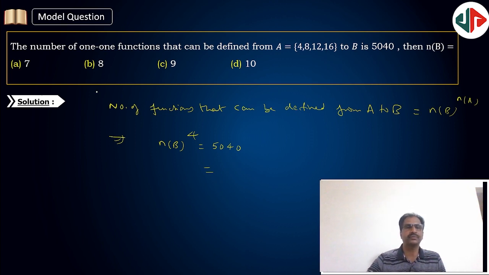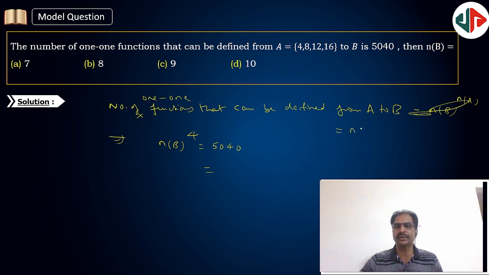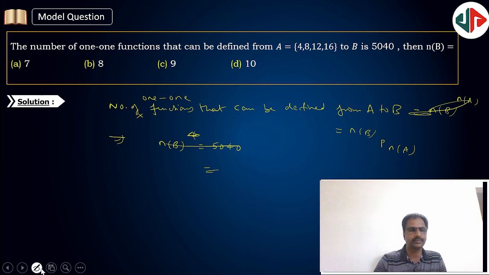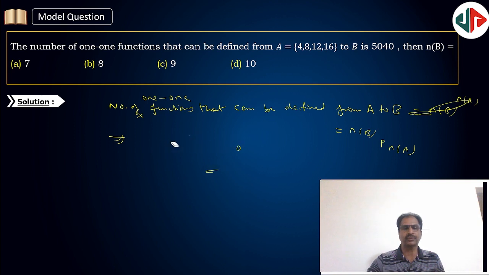Sorry, it is not functions, right? The number of 1-1 functions. Sorry. The number of 1-1 functions that can be defined from A to B is n of B P n of A. The question is not functions, it is 1-1 functions.